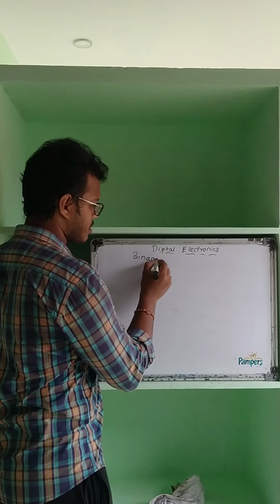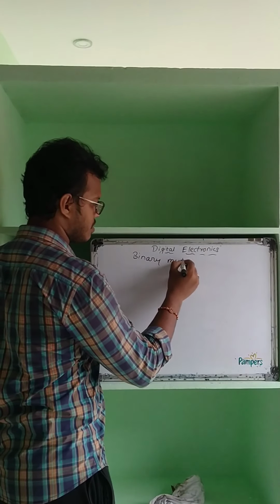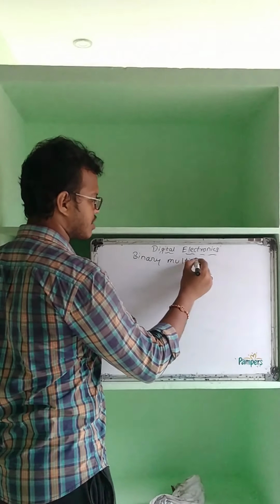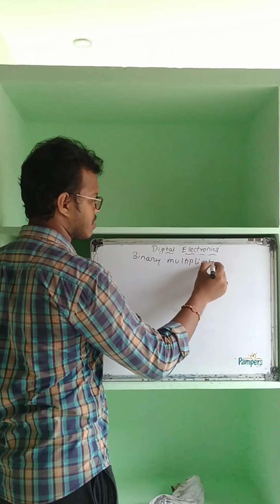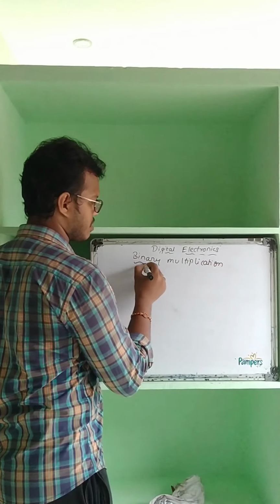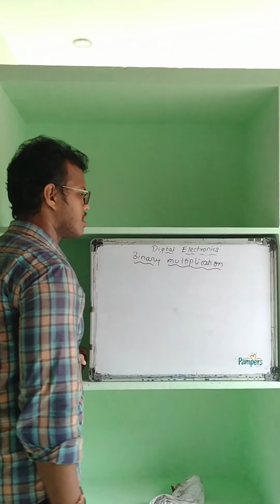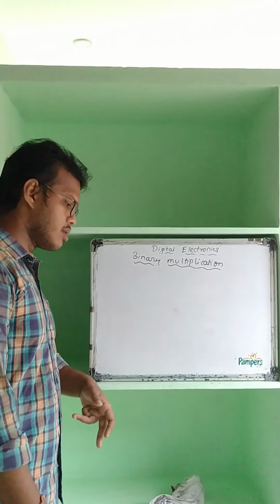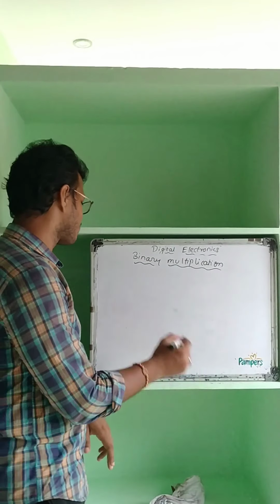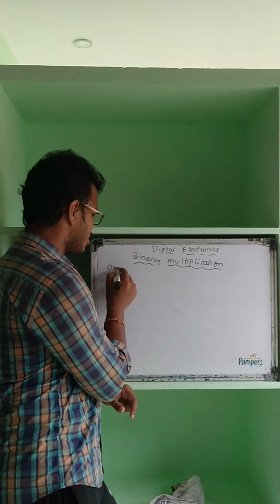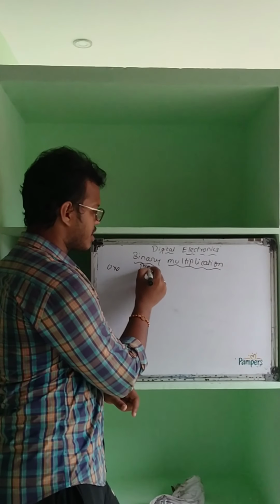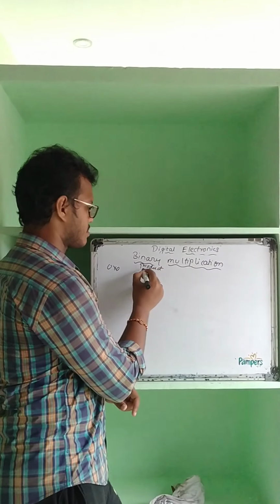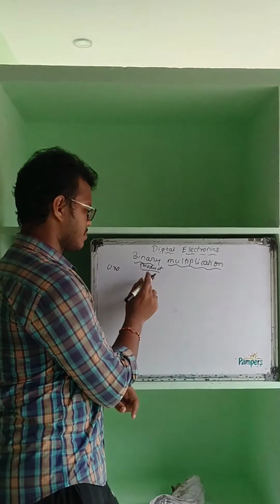Now, binary multiplication. In binary multiplication, 0 into 0, the product is 0.